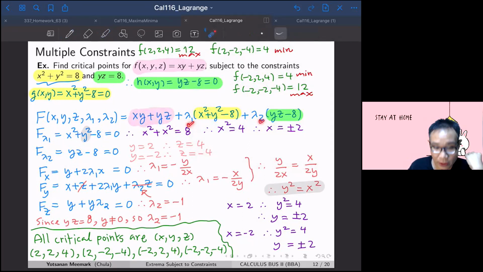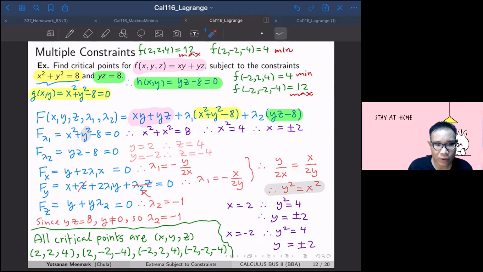So you have lambda 1 and lambda 2, and you can just solve the system of equations. The hard part turned out to be the algebra, not the calculus. In calculus, you just find the partial derivative with respect to each variable. However, the hardest part is that you have to solve the system simultaneously.